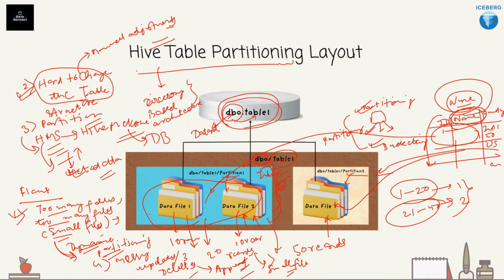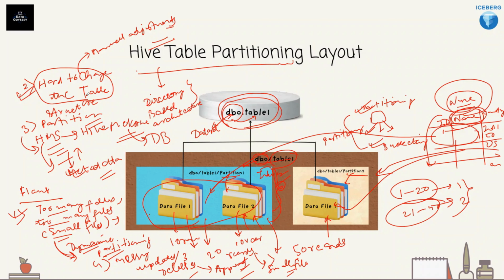So the final verdict we need to find out is whether Apache Iceberg or Apache Hive is better. In terms of a better table format, Apache Iceberg wins. But is Hive actually dead? Not exactly.